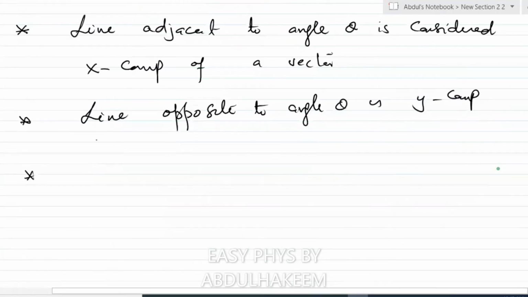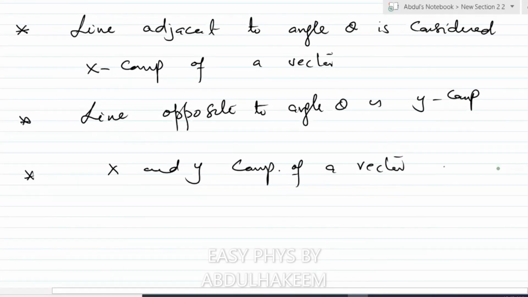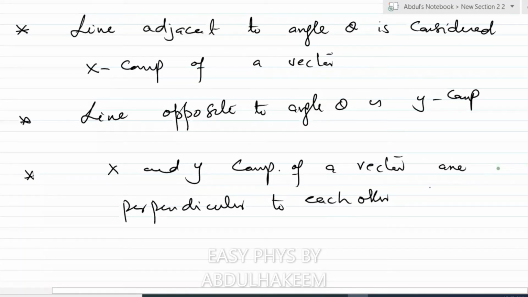Number 3, the X and Y components of a vector are perpendicular to each other, meaning they have an angle of 90 degrees with each other.